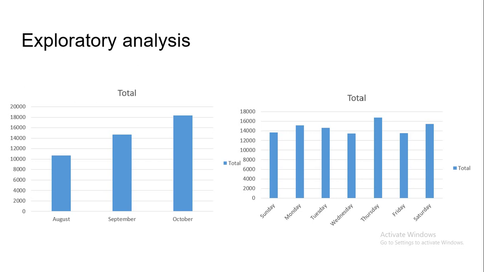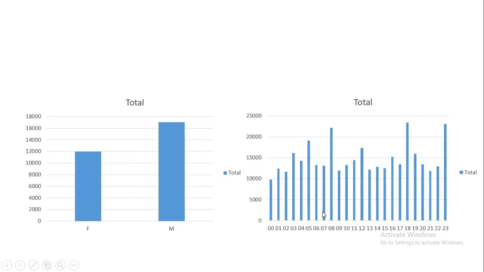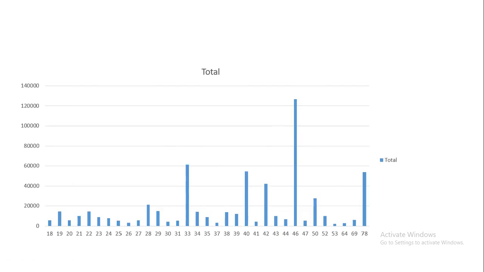So here are the transaction amounts by month, average transaction. This is, I believe, the balance by month, by days, by gender, by the hour of the transaction, and this is by the age of the customer.